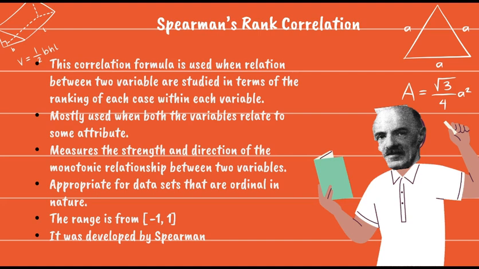One thing more, sometimes we have qualitative types of data, say, for example, beauty and sincerity. There is no scale to measure beauty, there is no scale to measure sincerity.